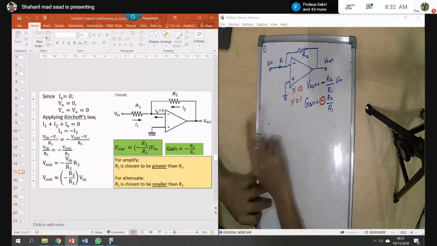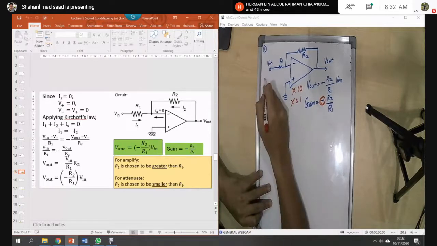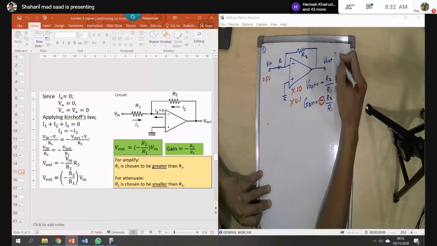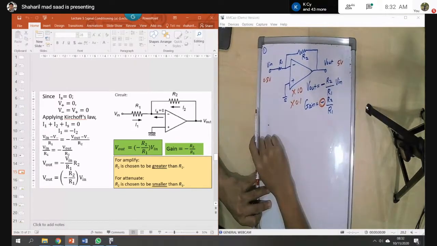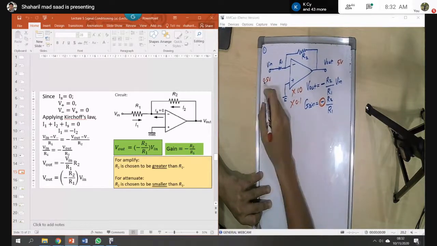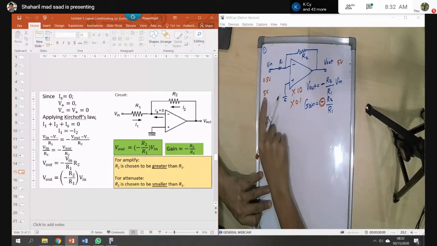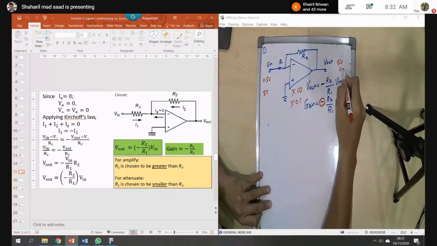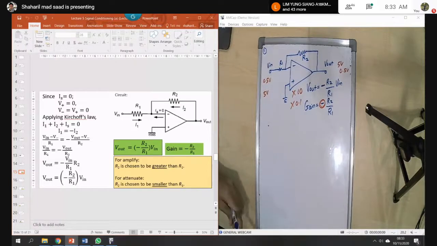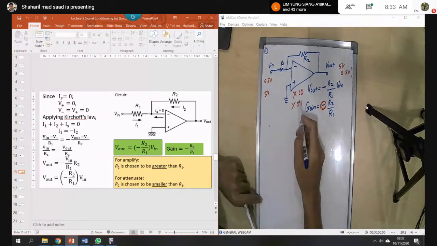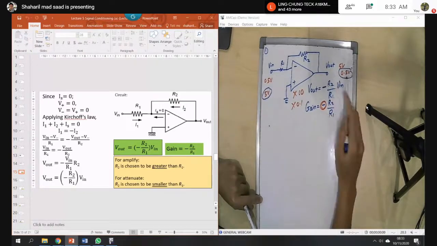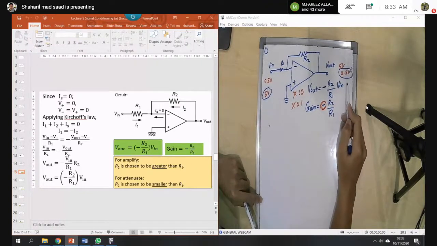Let's say V in is 0.5 volt. When you have a gain of 10, the output will be 5 volt. Now for example, V in is 5 volt, and when you times it with 0.1, you get 0.5 volt. When the bigger voltage becomes smaller, we call it attenuation or de-amplify.